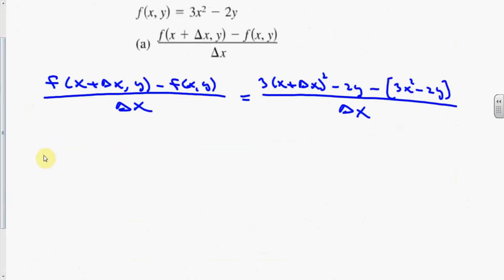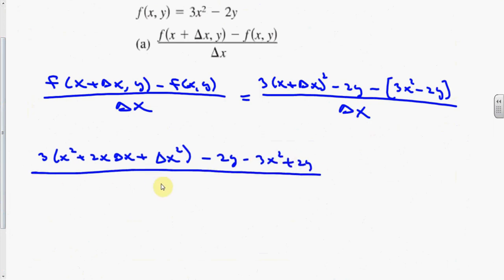So we simplify that. This is 3 times x squared plus 2x delta x plus delta x squared, minus 2y, minus 3x squared plus 2y, all over delta x.